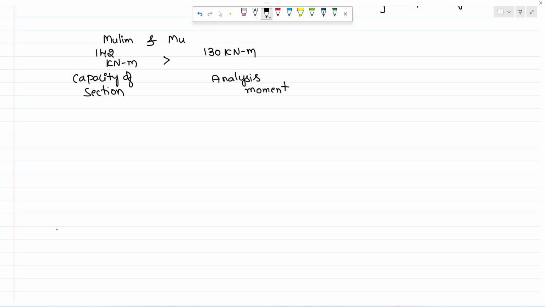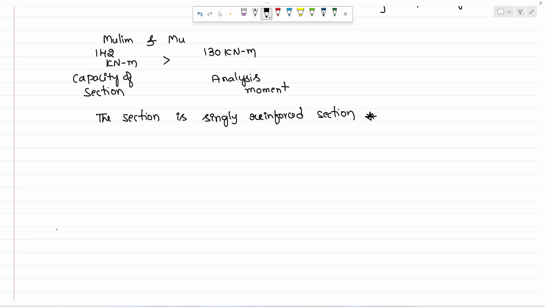So the section is treated as a singly reinforced section. What it means? If the reinforcement is provided only in the tension zone, it is called a singly reinforced beam.